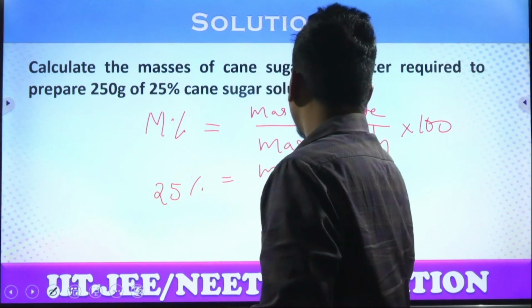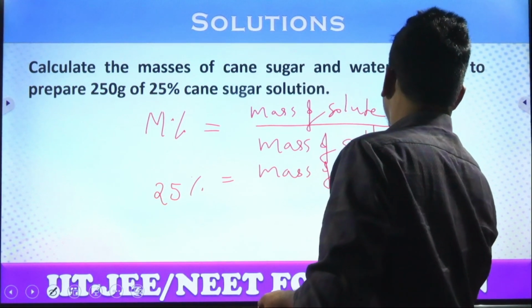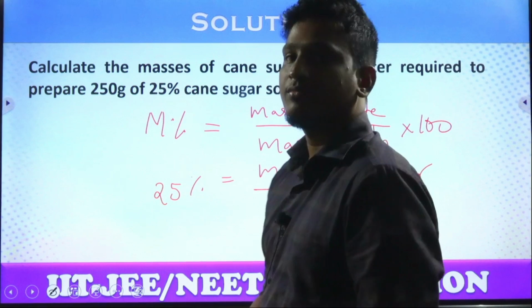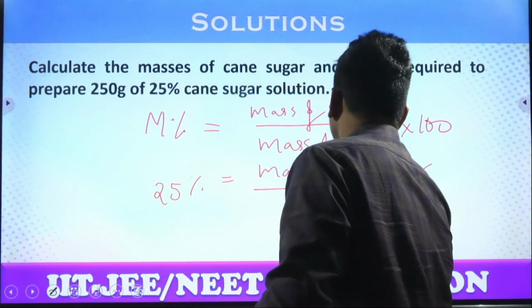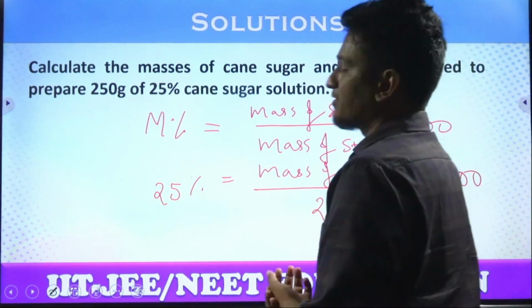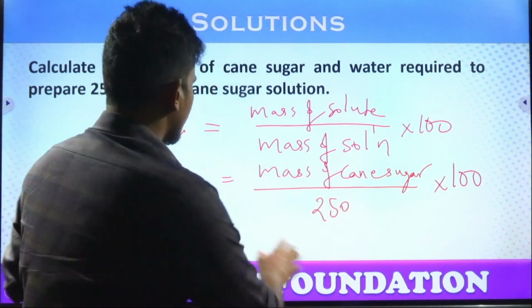So 25 equals mass of cane sugar divided by the mass of solution. How much solution do we need to synthesize? Which is 250 grams, into 100. This is the expression, students. To find the mass of cane sugar, we have to rearrange.